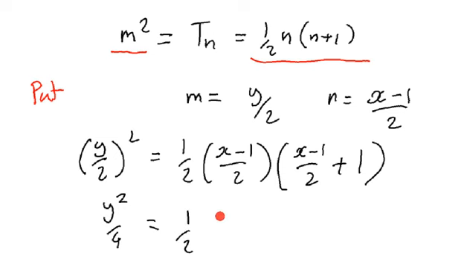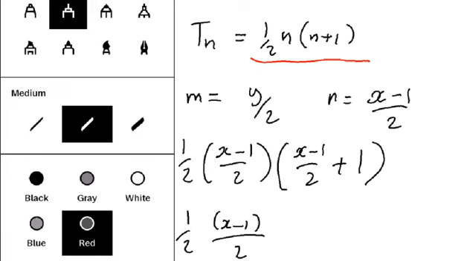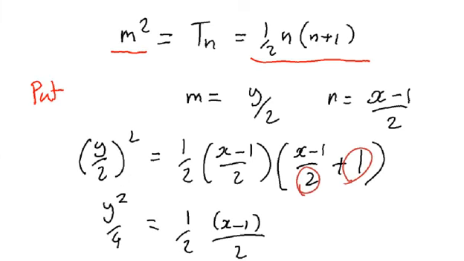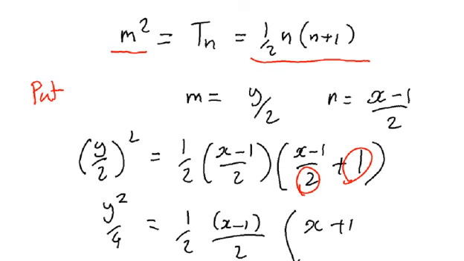I've got x minus 1 over 2, that's another half here. And this other bracket, what have I got? I've got this 1 here, so 1 becomes 2 halves. And so if I put it together, what have I got? X plus 1 over 2.